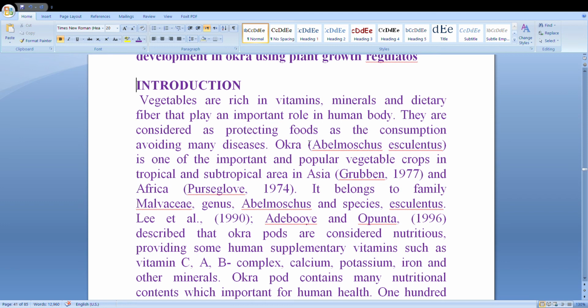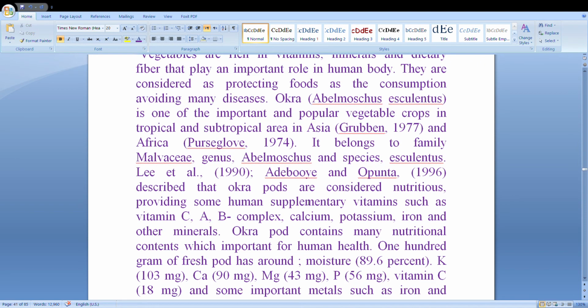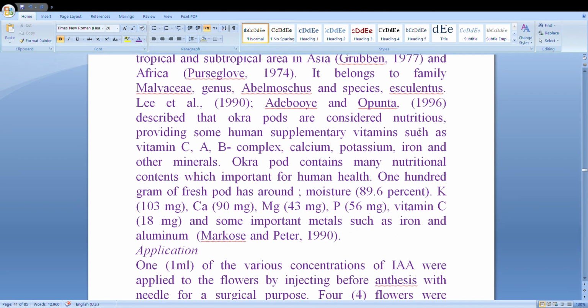Okra is one of the most important popular vegetable crops in tropical and subtropical areas in Asia. Many scientists say it contains vitamin C, B complex, calcium, potassium, iron, and other minerals.